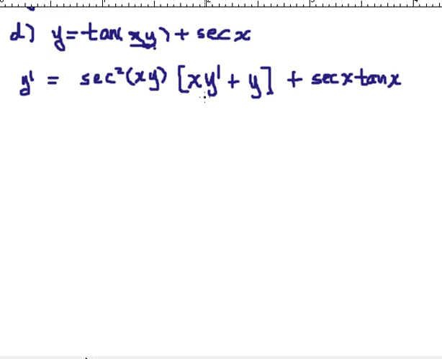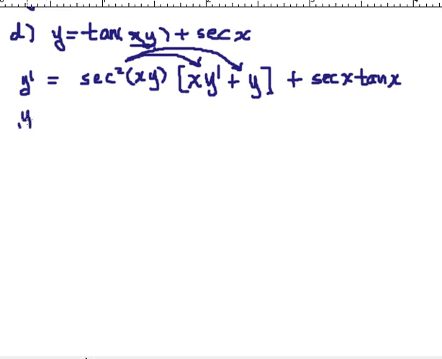Alright, let's say we solve for y prime, like we usually do. Y prime is inside these brackets, so let's do the distributive law to open up those brackets. So we're going to multiply secant squared xy times the first term and times the second term. Alright, so let's do that.